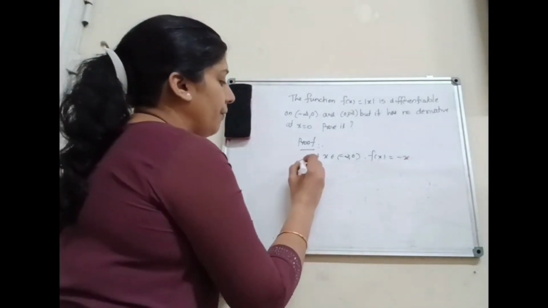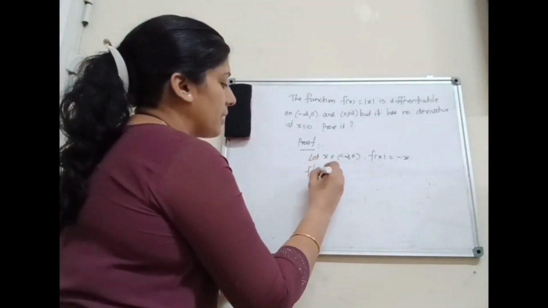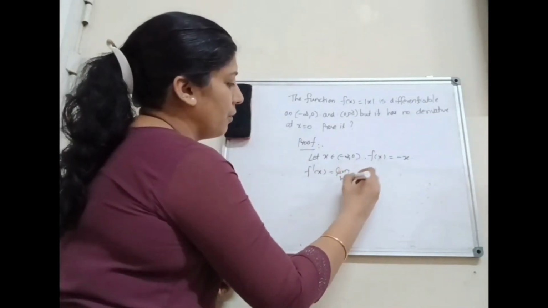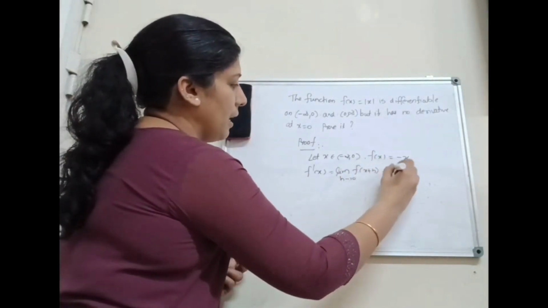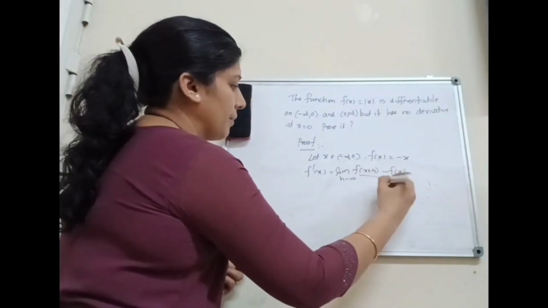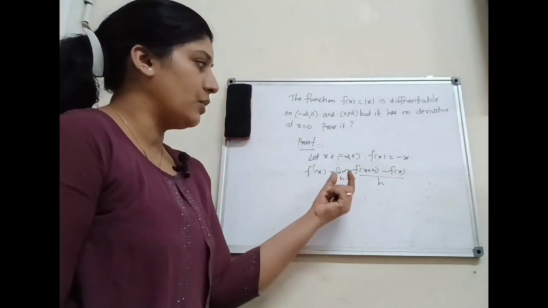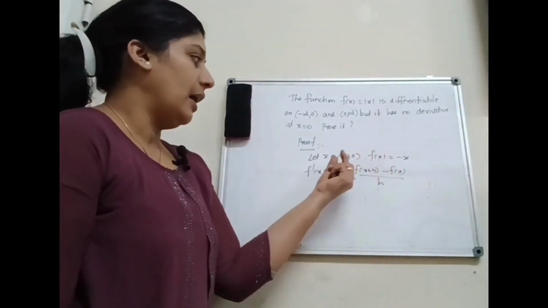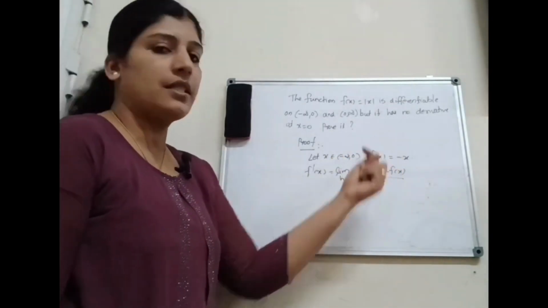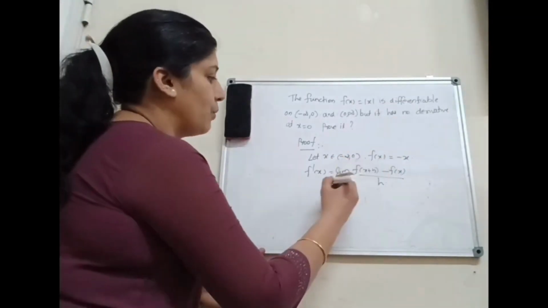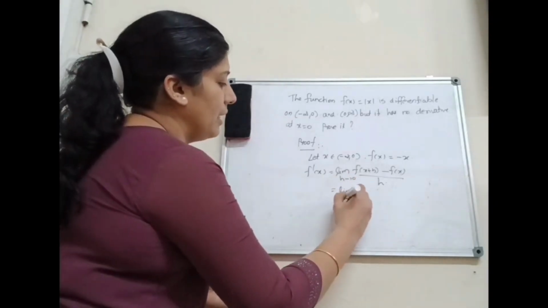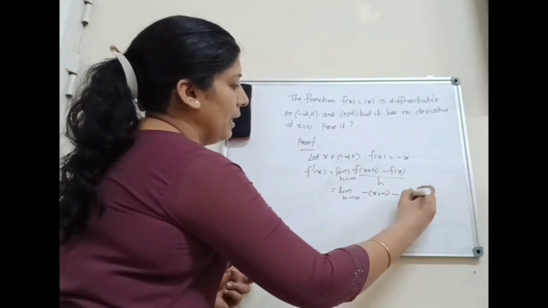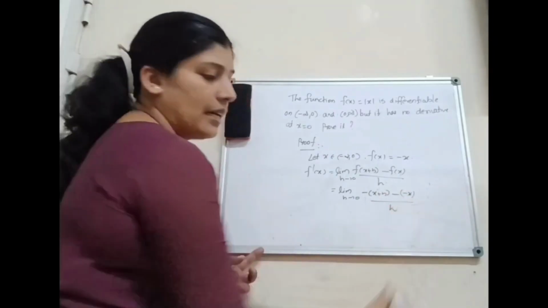Then, by the definition of differentiability, f dash of x equals the limit as h tends to 0 of [f(x+h) minus f(x)] divided by h. Here, the given function is f(x) equal to mod x, and x belongs to (minus infinity, 0), so f(x) is minus x. Therefore, substituting, that's equal to the limit as h tends to 0 of [minus (x+h) minus (minus x)] divided by h.